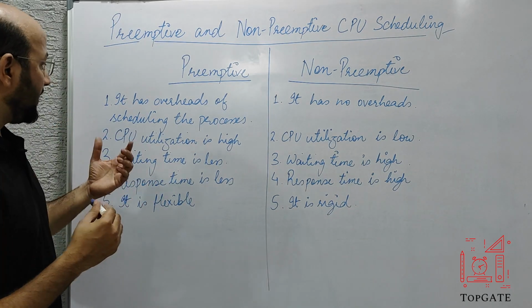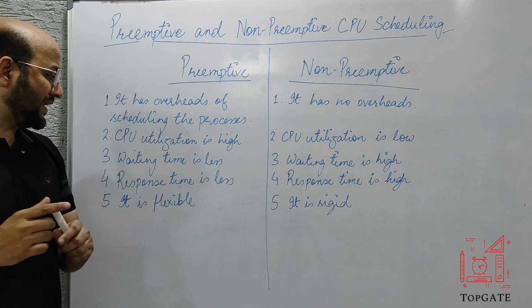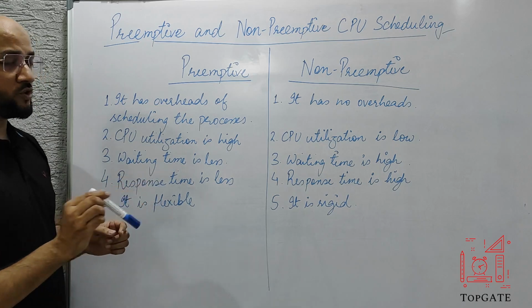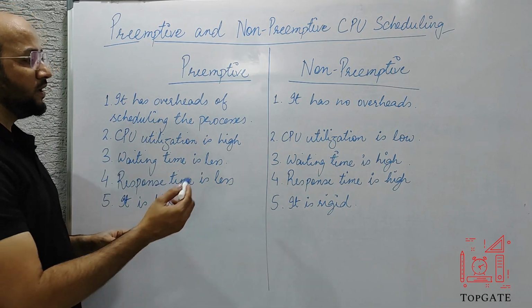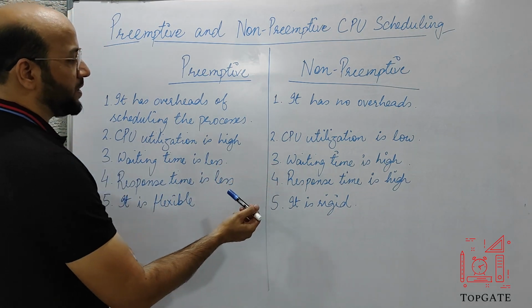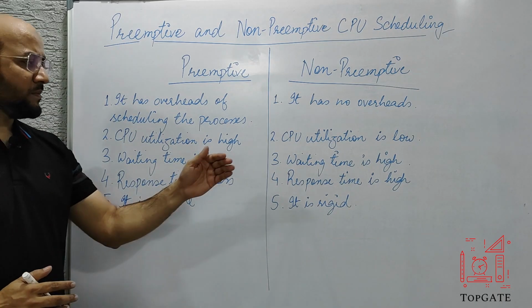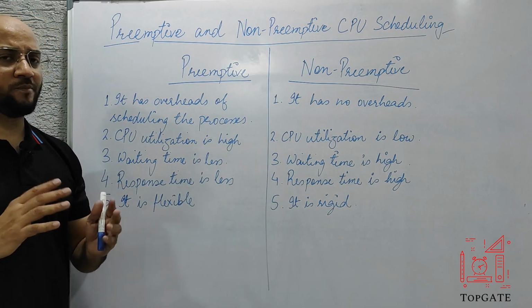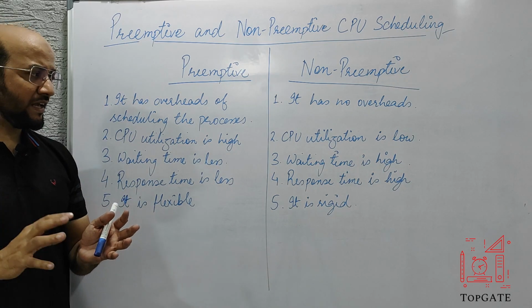Fine. So in preemptive scheduling, since we are doing the context switch very frequently, the waiting time of the processes is very less, and that is a very good thing in this case. Clear? Now, the third point in non-preemptive says the waiting time is high. Why is waiting time high? Suppose there is a process which has a very large burst time. So it is getting executed.